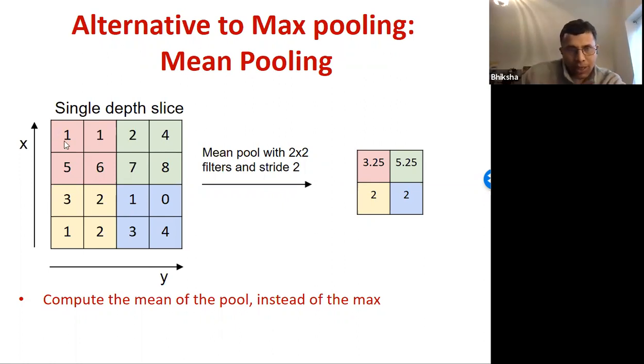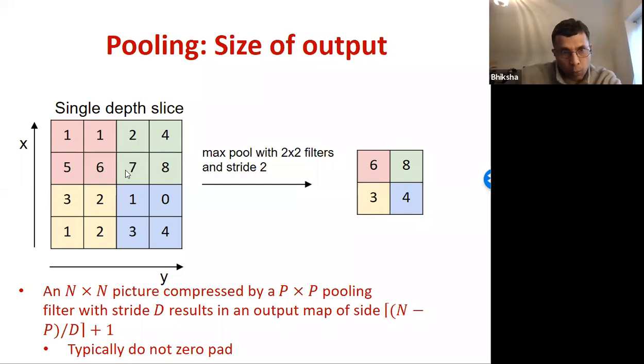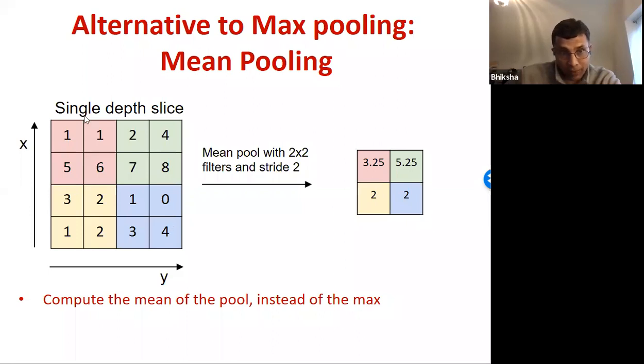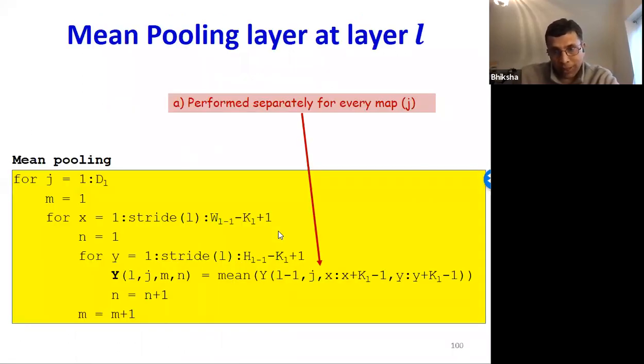So here, if I were performing max pooling with a stride of 2, I'd have one window here, one here, one here, and one here. And the output is going to be the largest of these 4 regions. That's what this color-coded image shows: 6, 8, 3, 4. Instead, I could take the means of these 4 regions, and I'd get a different output. That's the mean pooling pseudocode.